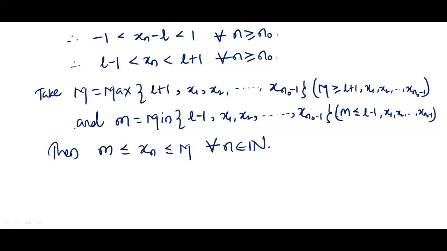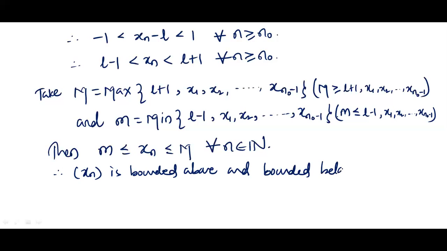And you can note that small m, capital M are real numbers, therefore xn is a bounded above and bounded below sequence of real numbers, and hence xn is a bounded sequence.